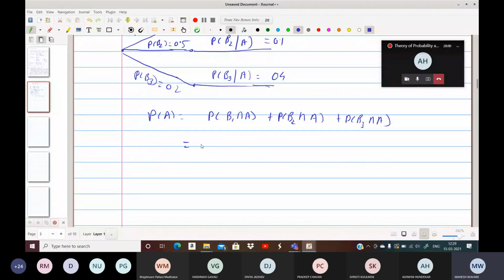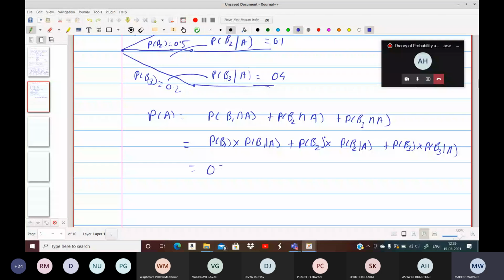The probability of B1 intersection A will be probability of B1 multiplied by probability of A given B1, plus probability of B2 multiplied by probability of A given B2, plus probability of B3 multiplied by probability of A given B3. Now you just do the product of these two. So what is the probability of B1? Probability of B1 is 0.3.